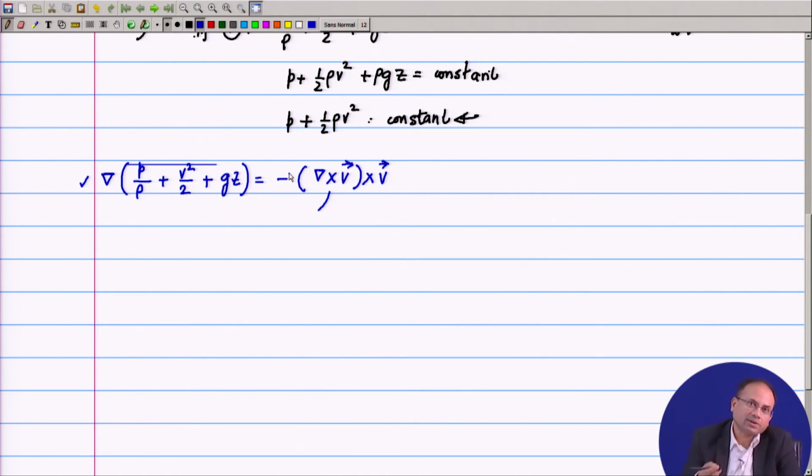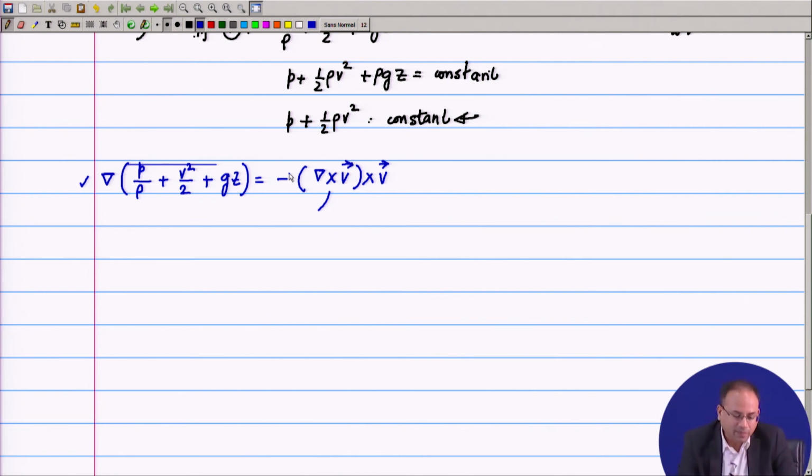But as I have already mentioned, in the special case of looking at the gradient along the streamline, I have not talked about what a streamline is properly yet, but I will talk about that momentarily. If you think of the gradient along the streamline, you will see that the component of the gradient in the direction of the streamline is actually 0.